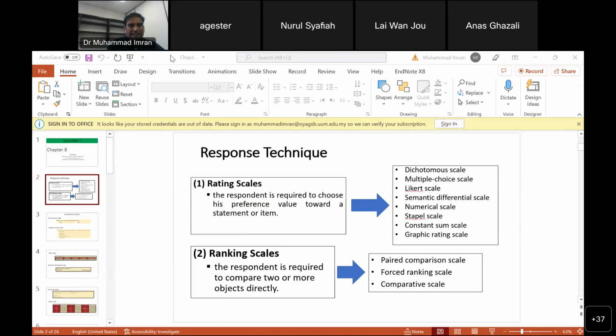The last one, the forced ranking scale. Rank the following mobile phone brands in your order of preference, assigning 1 to the most preferred choice and 5 to the least preferred. Yeah, you are going to buy one of the mobiles among all these 5 mobiles.